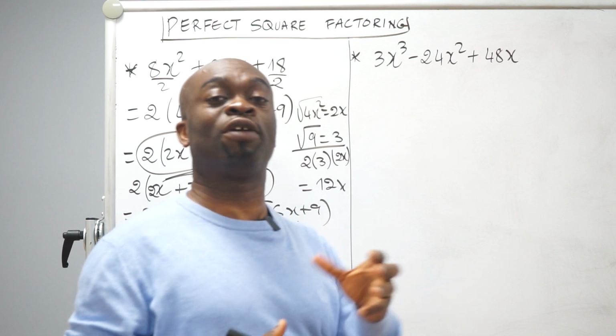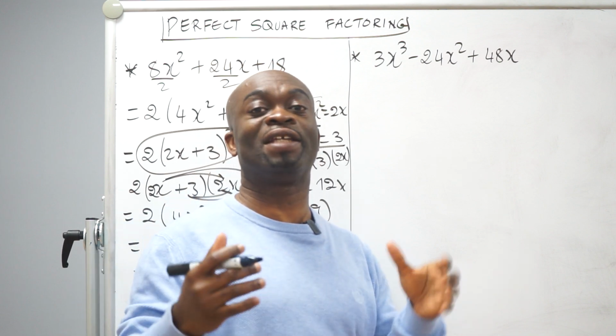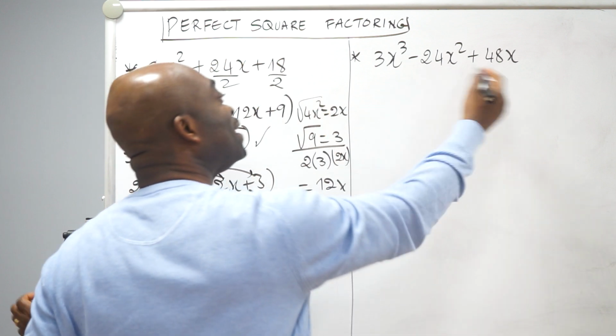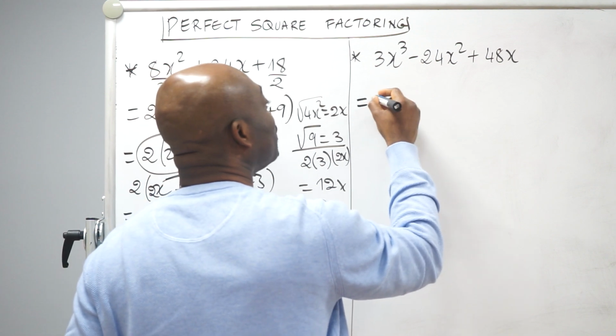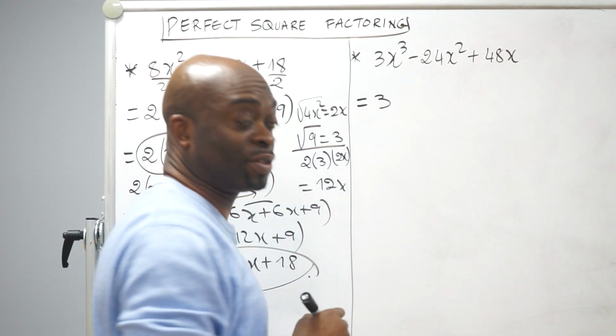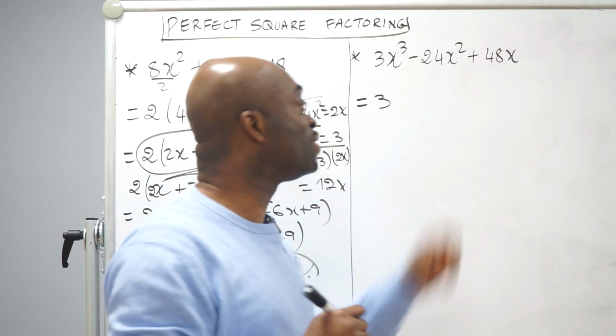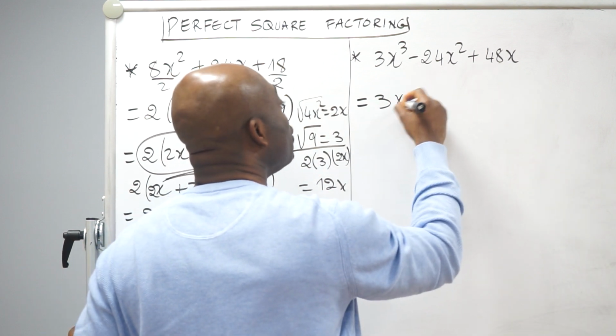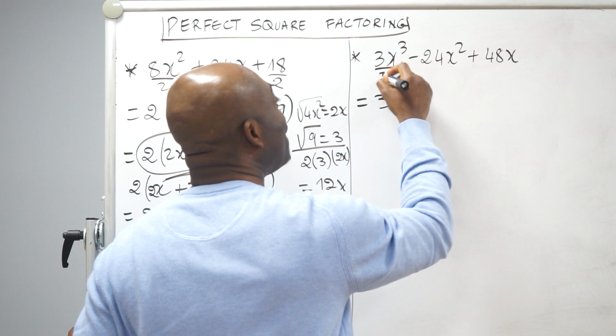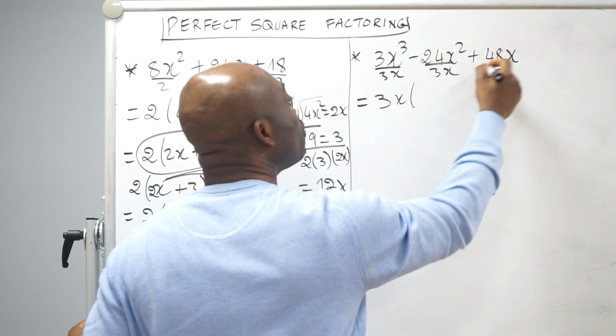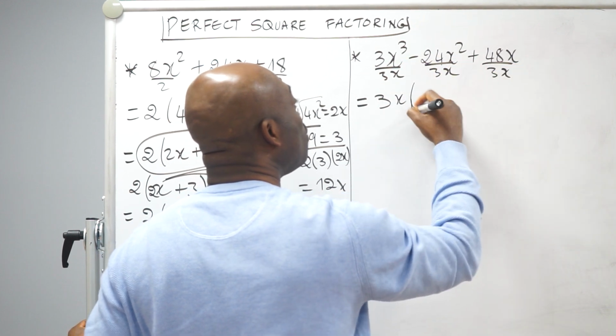So that means you want to look for a greatest common factor. Do you have anything in common to pull out? 3. Do I have anything else? Because if you do have anything else, you have to take it out. Okay, so x is also in common for all of them, so you have to pull out 3x. So you divide everybody by 3x, 3x, and 3x, and then you end up with what?